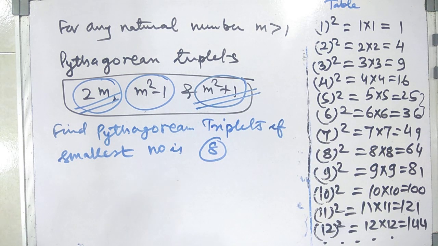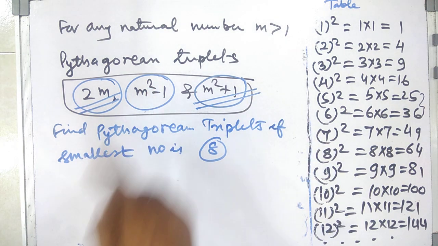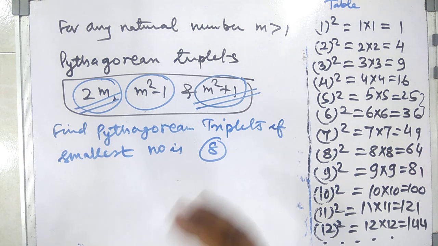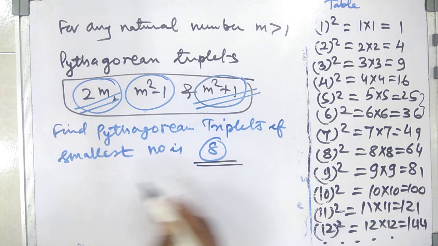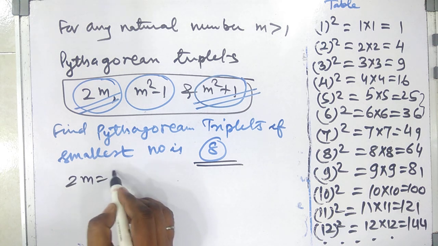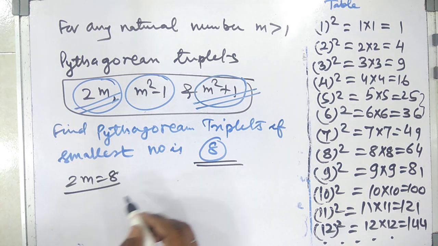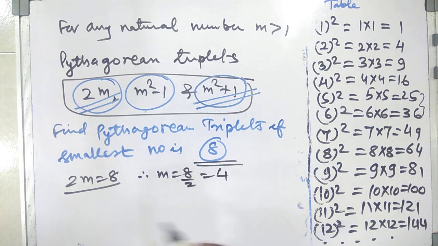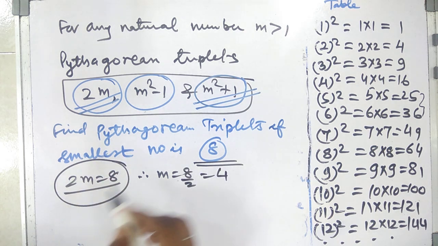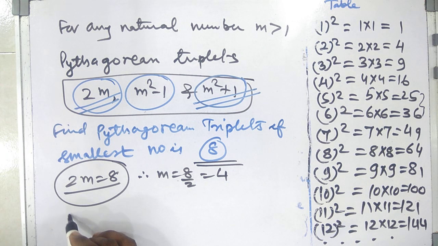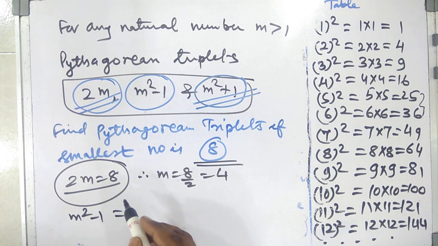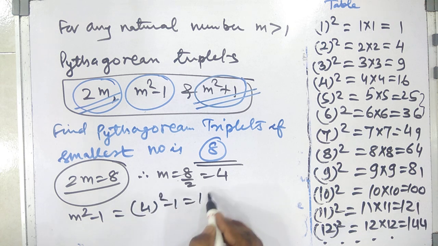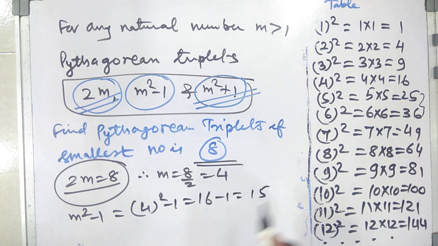The first number is 2m, the second number is m square minus 1, and the third is m square plus 1. The smallest number is given, so 2m is equal to 8. Therefore m is equal to 8 by 2, which is 4. Next, m square minus 1: 4 square minus 1, 16 minus 1, 15.